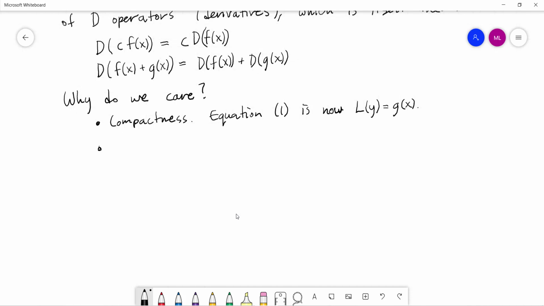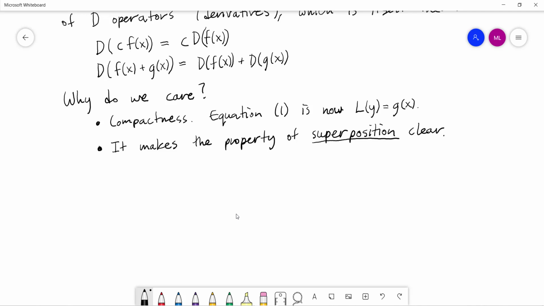Second reason, and this is going to be a more important reason, it makes a property that we're about to talk about called superposition. Very clear and easy to understand.